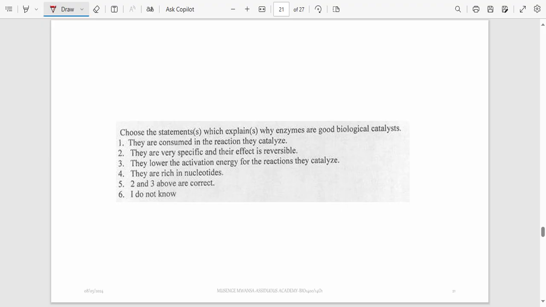Option 5, 2 and 3. Okay. Anyone else? Option 5. Okay. So why is option 5 correct? You tell me.